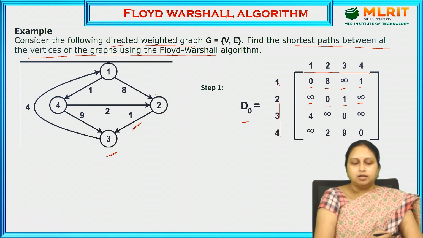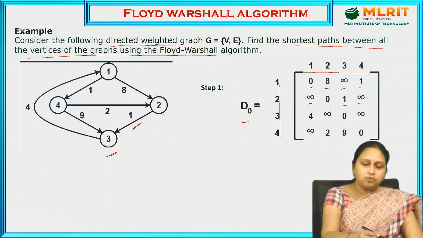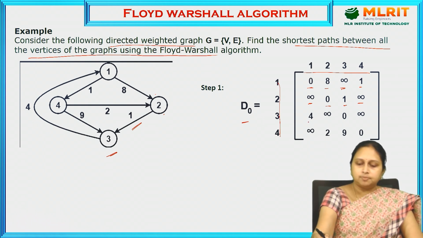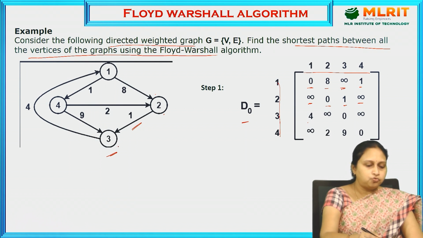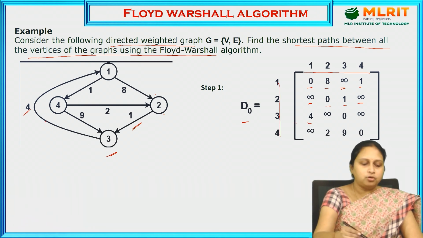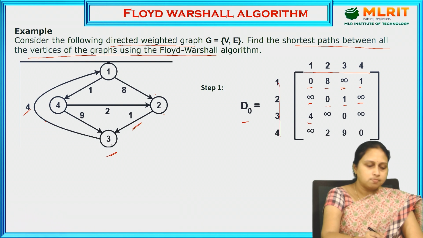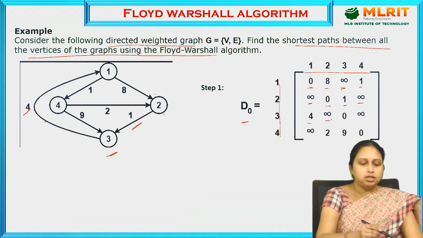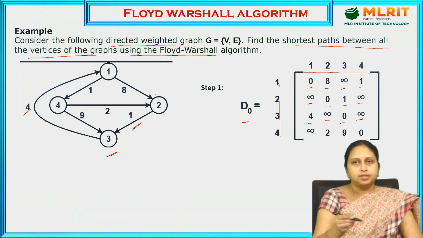Then, coming to 3 to 1, you have 4. 3 to 2 you don't have, so infinity. 3 to 3 you don't have any self loop, place 0. And 3 to 4 you don't have any edge, so we place infinity.